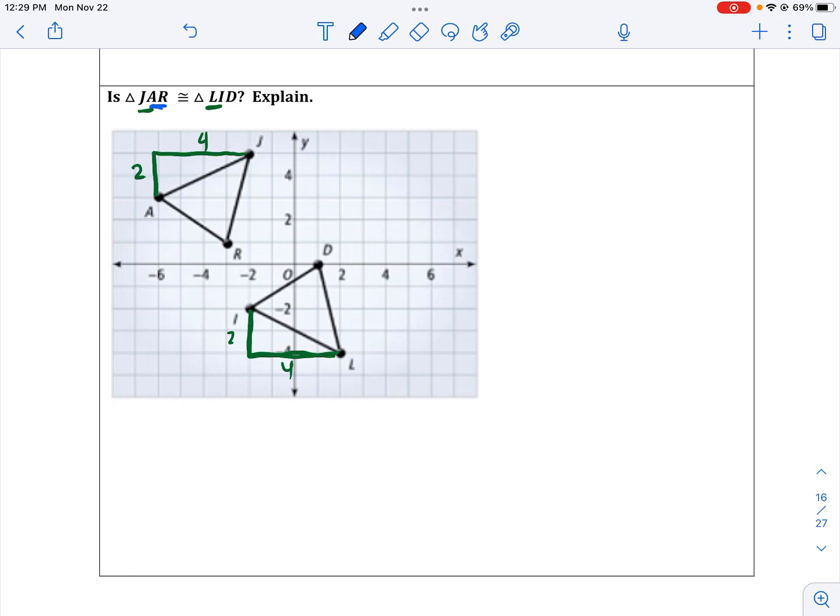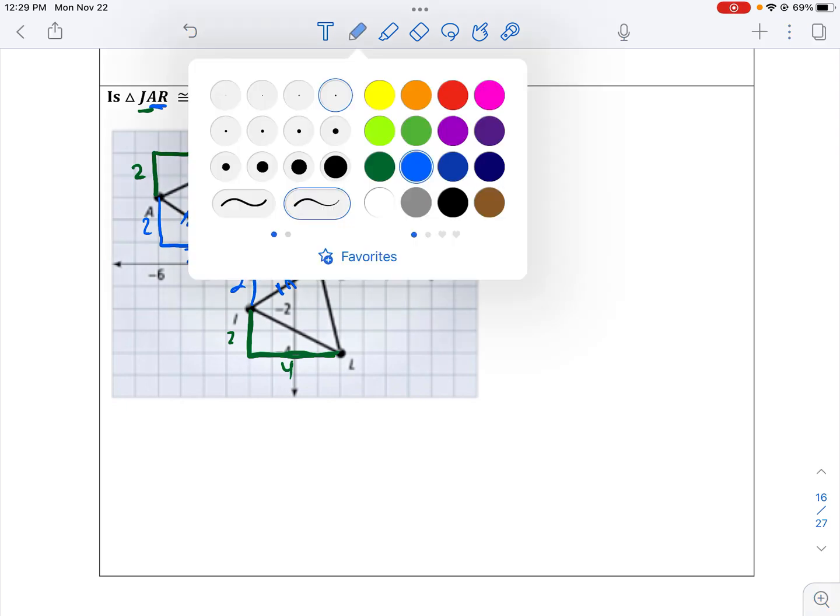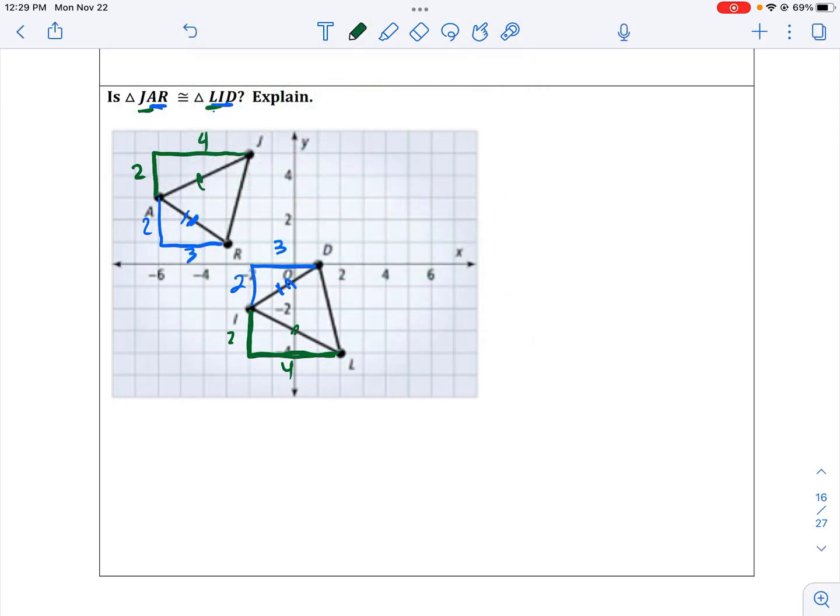Now, if I go A to R, I have a 2 by 3 triangle. So then if I do I to D, I also have a 2 by 3 triangle. So if I did the Pythagorean theorem, these line segments would match up to be congruent. I'm going to mark these as congruent as well. And then lastly, J to R is a 4 by 1 triangle. So if I do L to D, that is also a 4 by 1 triangle. Since those are the exact same triangles, when we do the Pythagorean theorem, we get the exact same measurement.